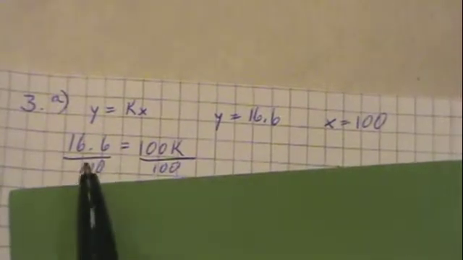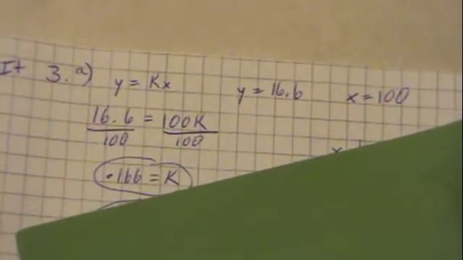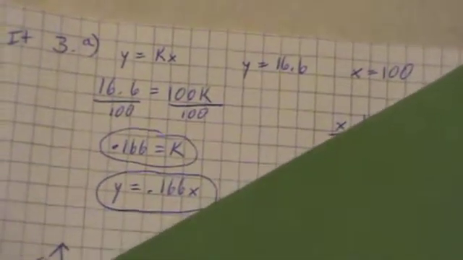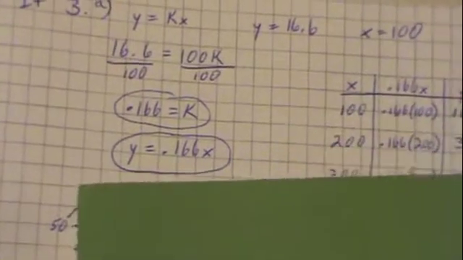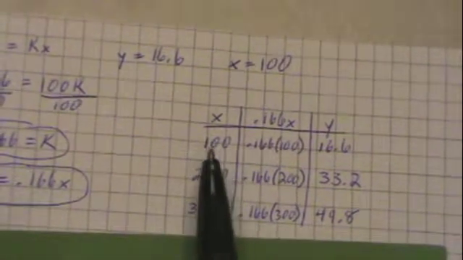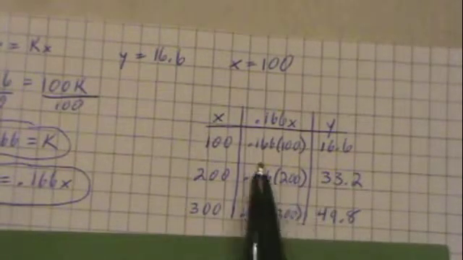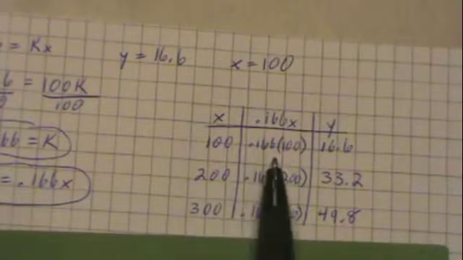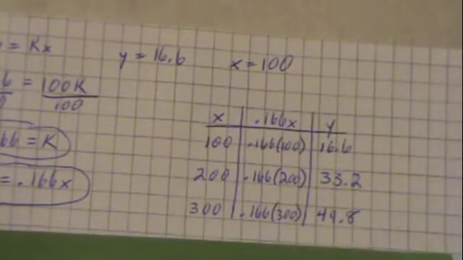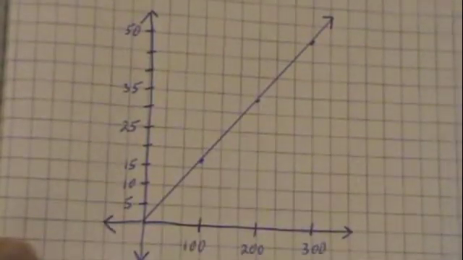So you plug in what you know, you isolate k, you end up with k equals 0.116, you put that into your formula, and then you make a table of values. Notice I chose to go with 100, 200, 300 pounds because it made the math relatively simple. So my x value, my math work, my y value, and then make a lovely, lovely graph.